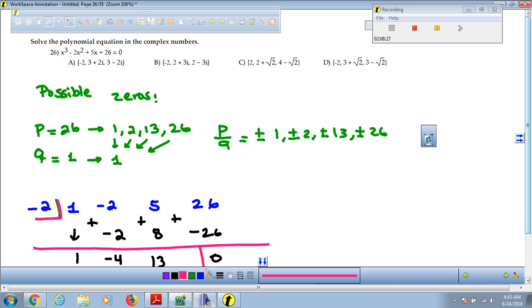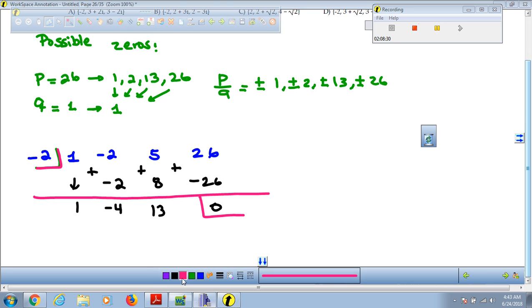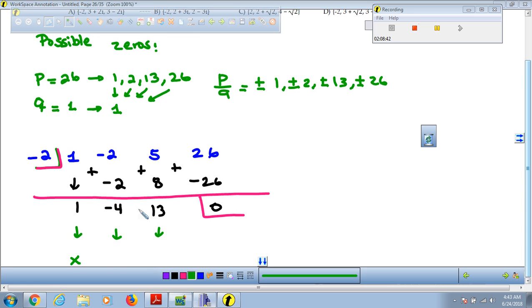Perfect, because if I don't get 0, I did something wrong. It has to give me 0. So I write an equation starting with 1 degree less than the highest exponent here. So the highest is x to the third, so this is an x to the second minus 14x plus 13, and you equal it to 0.